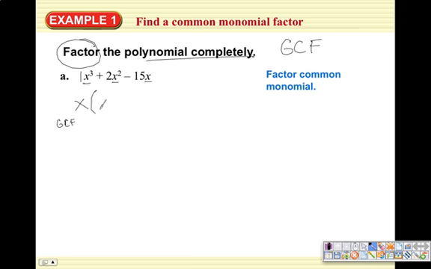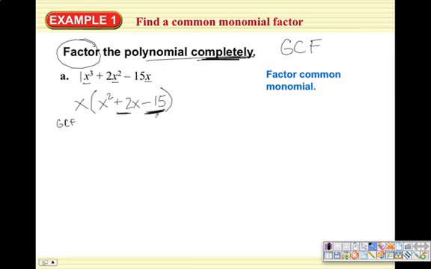Here's your GCF. And x times x squared gives me x cubed, plus x times 2x gives me 2x squared, minus x times 15 gives me minus 15x. Now you always look at this and say, is it completely factored? Well, you know how to factor trinomials, so go ahead and do that. Factors of negative 15 that add up to positive 2.